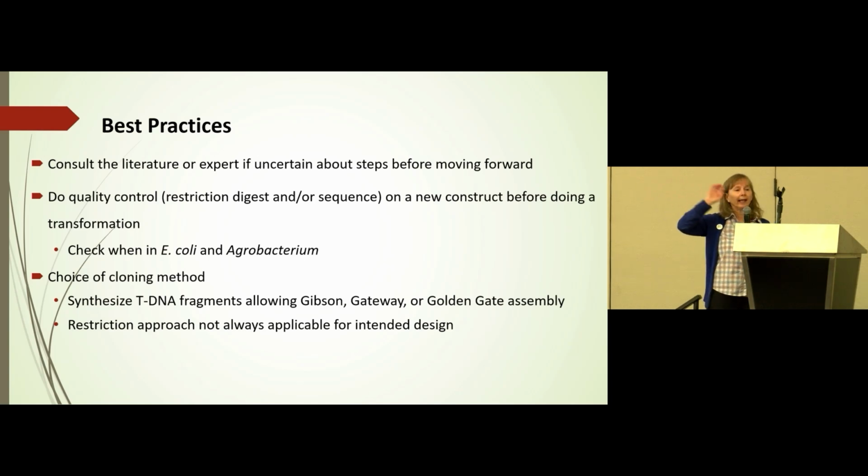If you don't take away anything else from this workshop, please remember that quality control is so important. That could be digesting and/or sequencing your construct before you do a transformation. Check in E. coli and check in Agrobacterium. We talked about rearrangements. Before you go through that long journey of plant transformation, put in that extra work.